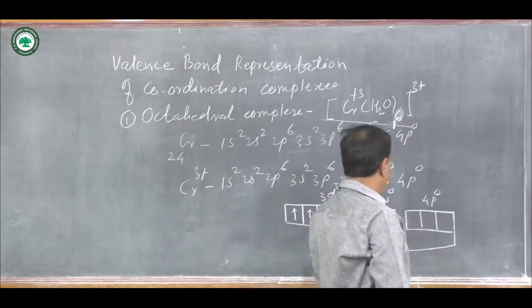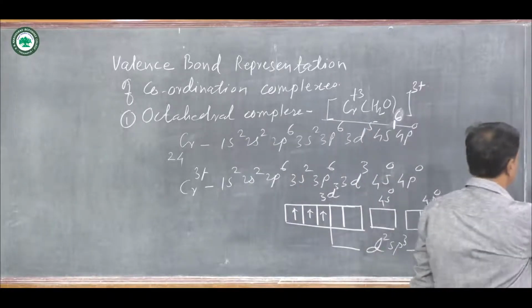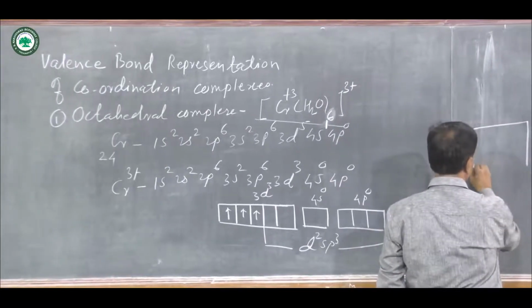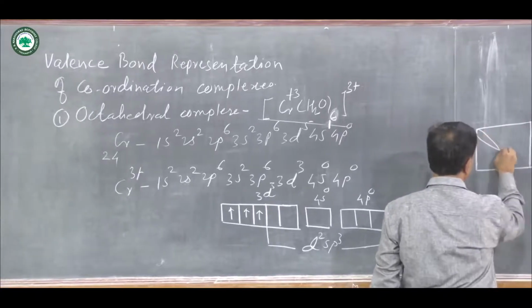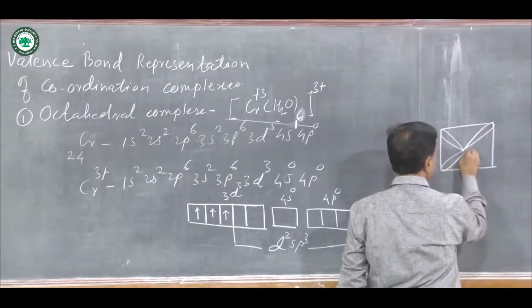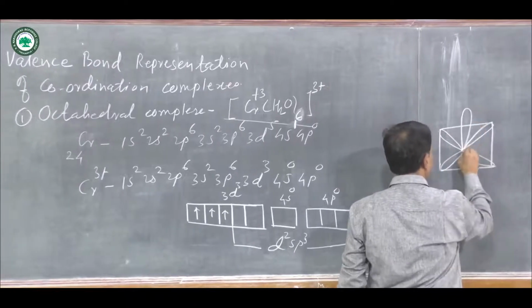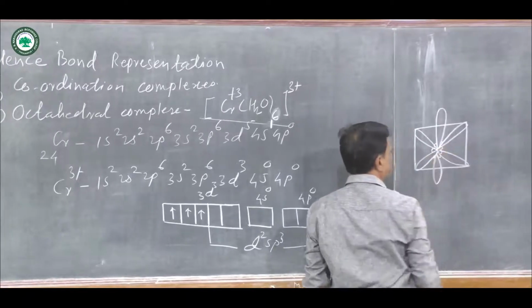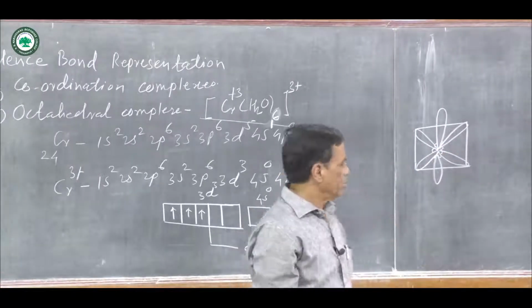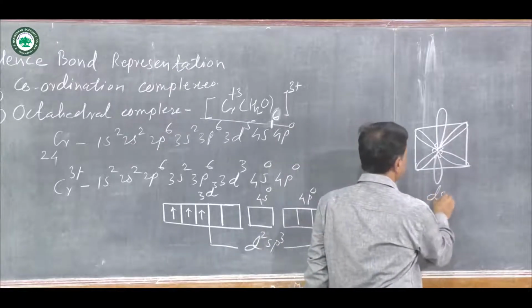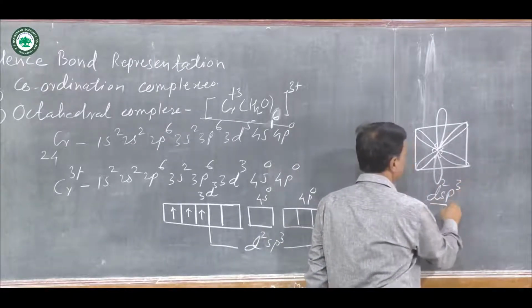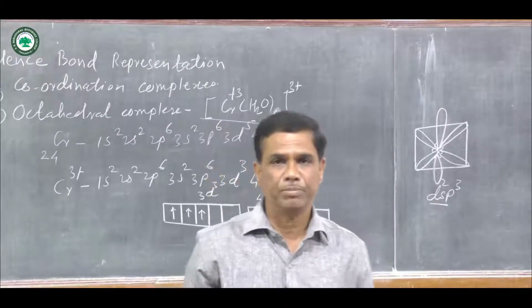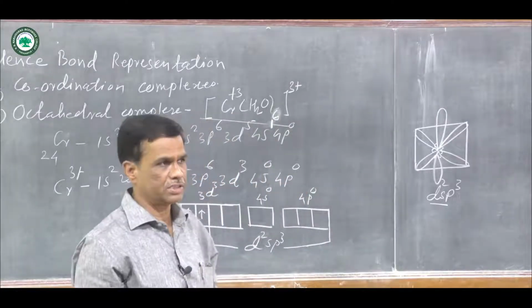These are the 6 d2sp3 hybrid orbitals. All these hybrid orbitals are empty.